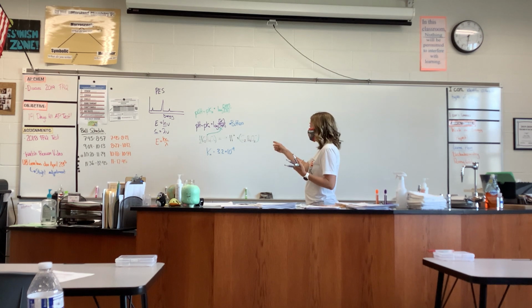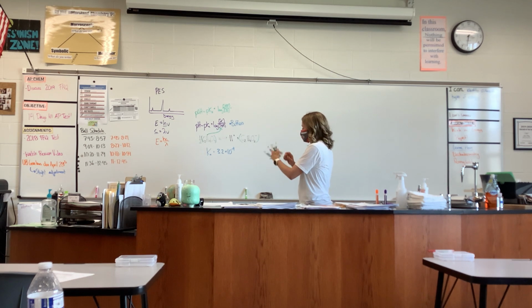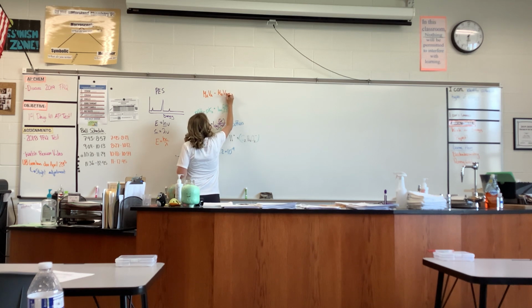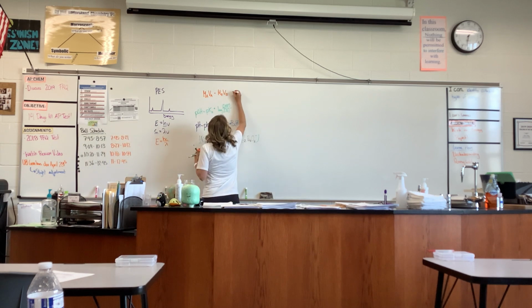One that's not on our formula sheet for acids and bases is the one for titrations. The titration equation is M of A, V of A equals M of B, V of B. This is the equation for the equivalence point.